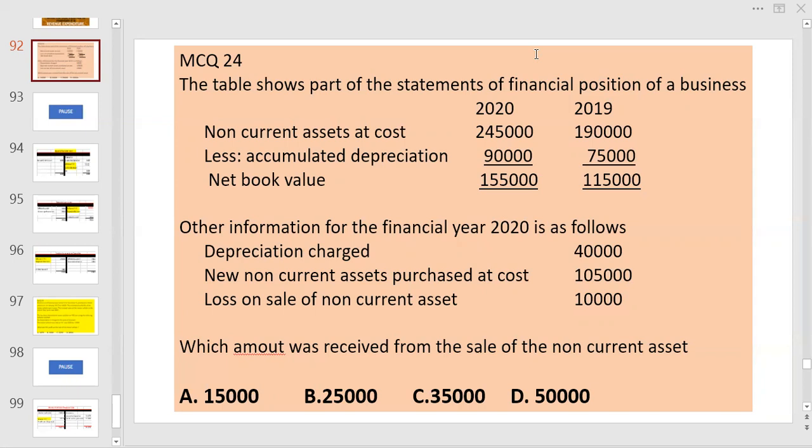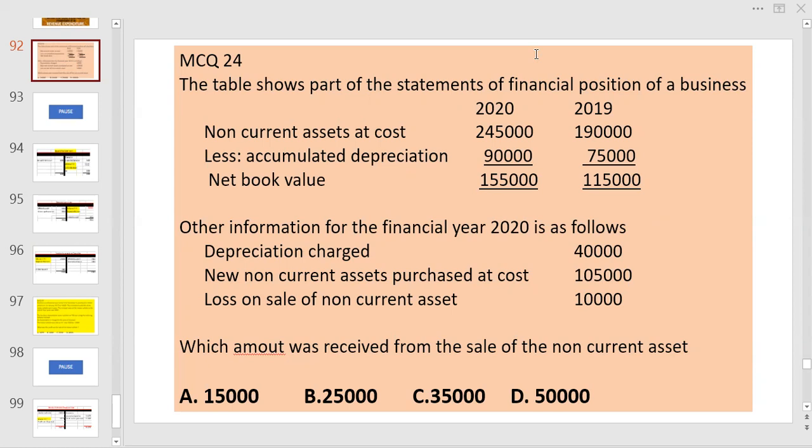So in order to deal with the disposal account, we need all the relevant information. The relevant information are, one is the cost of the asset. The second one is accumulated depreciation of the asset, the sale proceeds, and either it is a loss or profit. These information must come into a disposal account. But in this question, nothing is given directly.